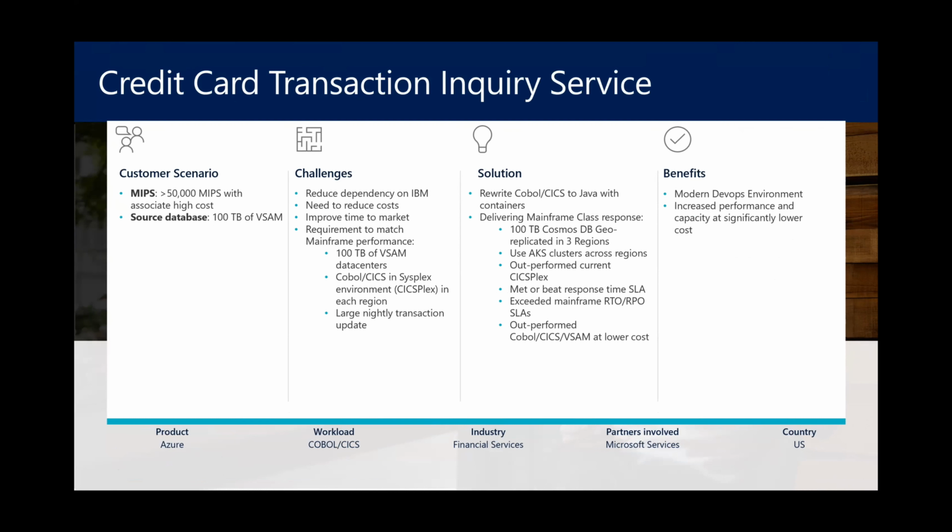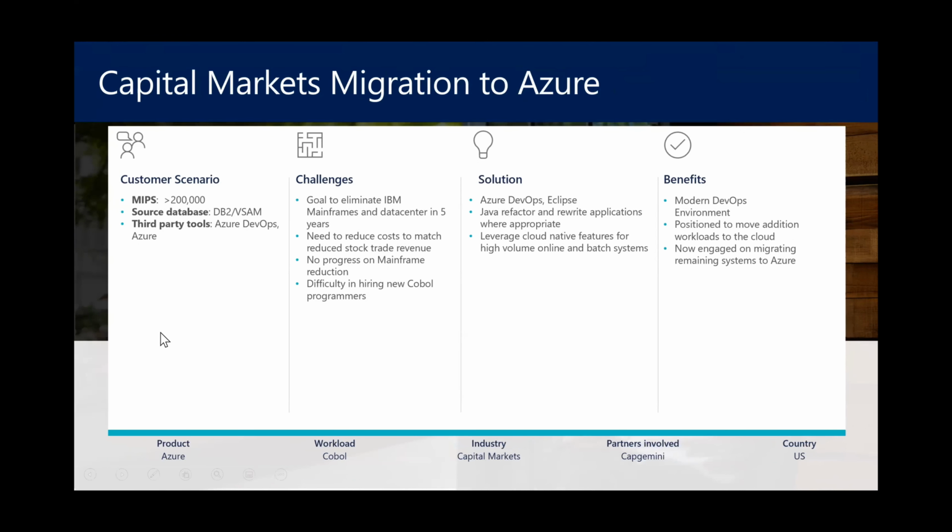Now, we don't have permission to use their name, but we can talk about the approaches. This was a fairly large one, over 50,000 MIPS. And this is an even larger one, over 200,000 MIPS, which is being done with capital markets systems. So there are some pretty big systems that we can look at moving into Azure. And again, we can provide more detail as we move along.